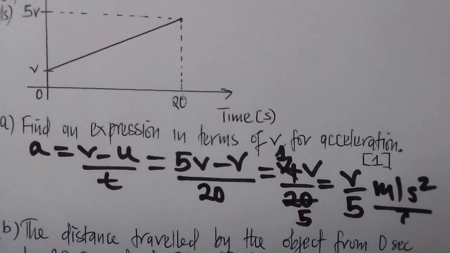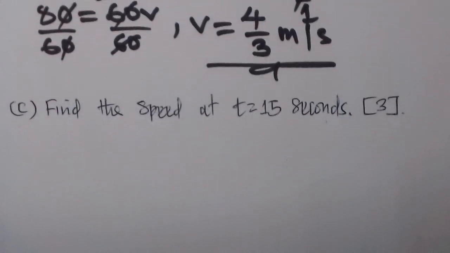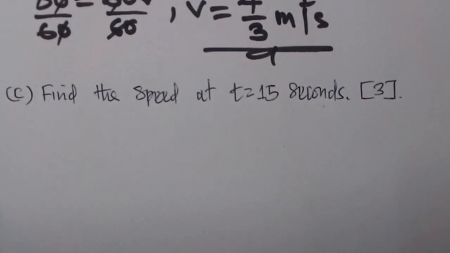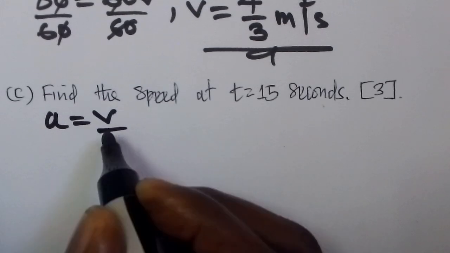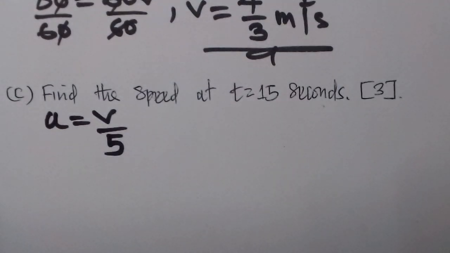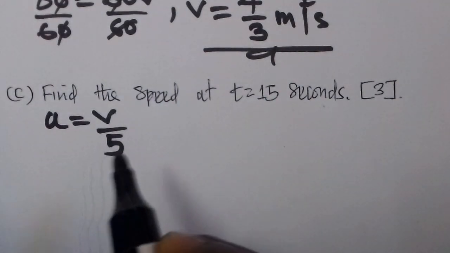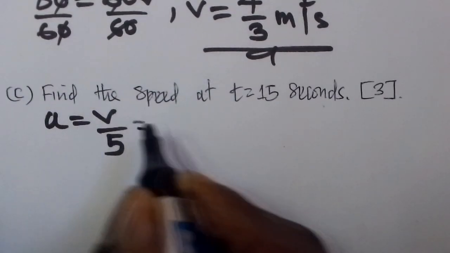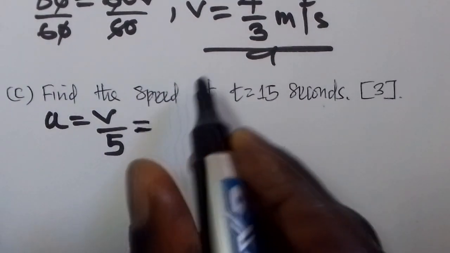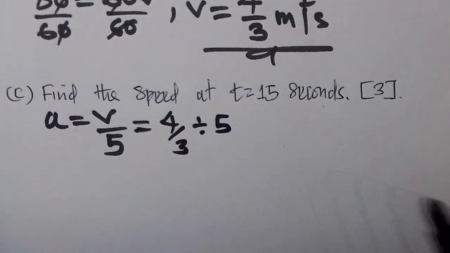So starting with that, since we already have an expression for A, we're going to write A equal to V over 5. And then V is what we just calculated as 4 over 3. So this means V divided by 5. So I'll write it as follows. So 4 over 3 divided by 5.